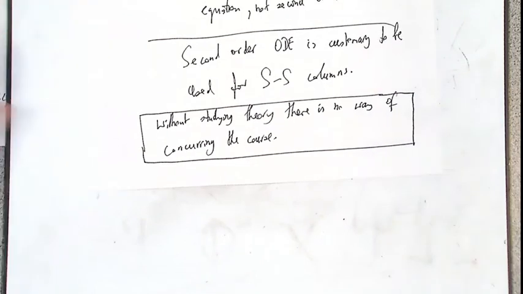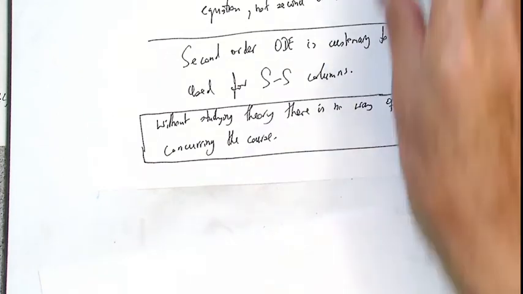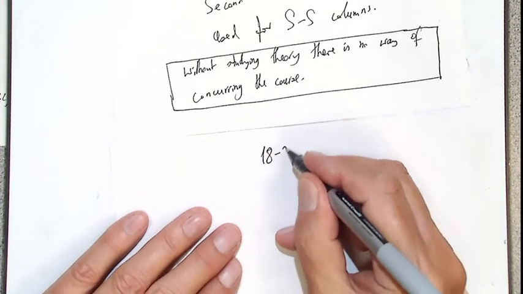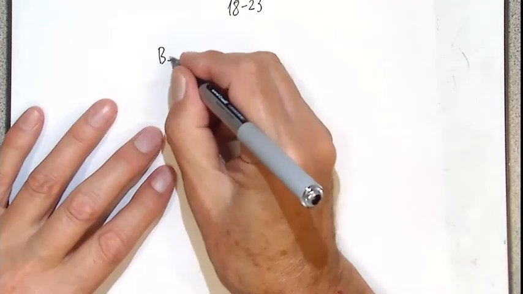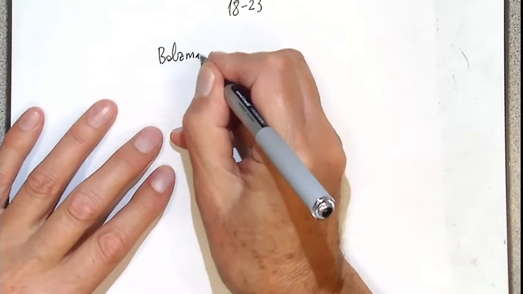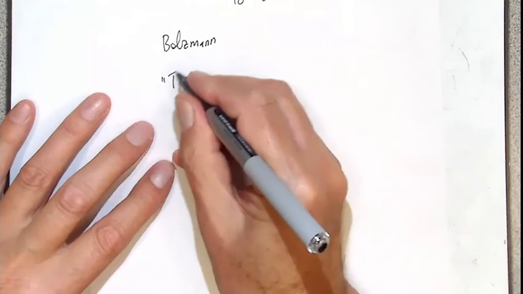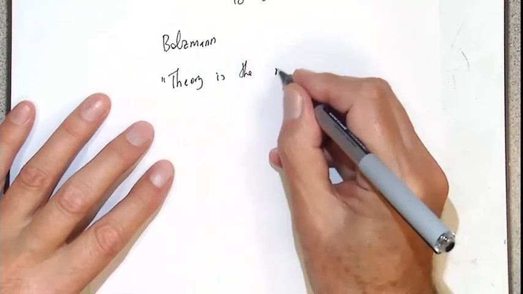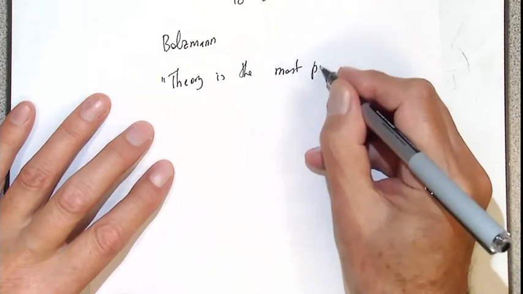I think there was this famous German scientist, 1823, Boltzmann: theory is the most practical thing.